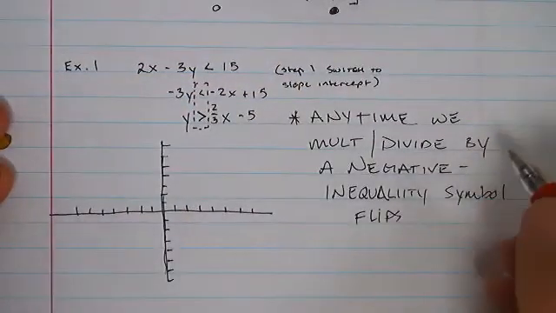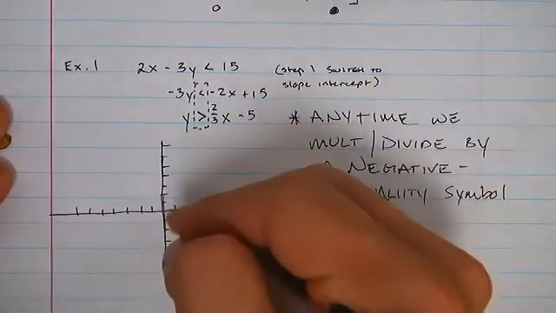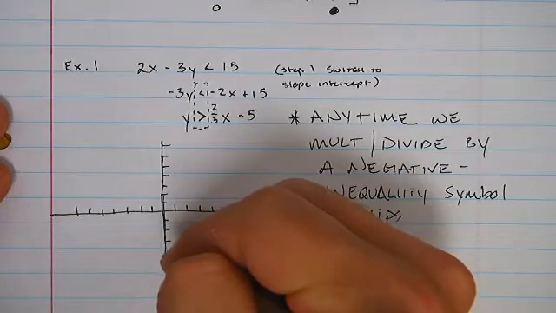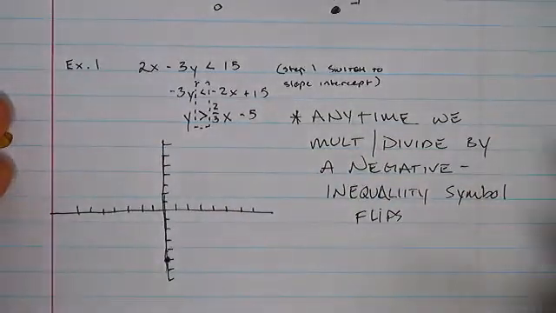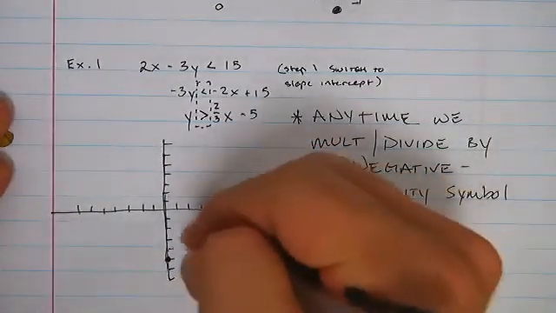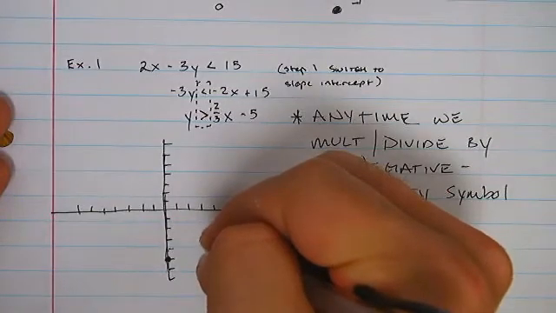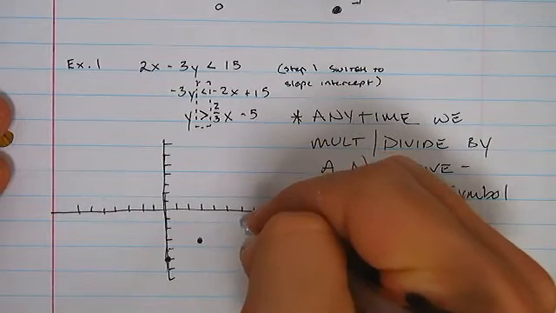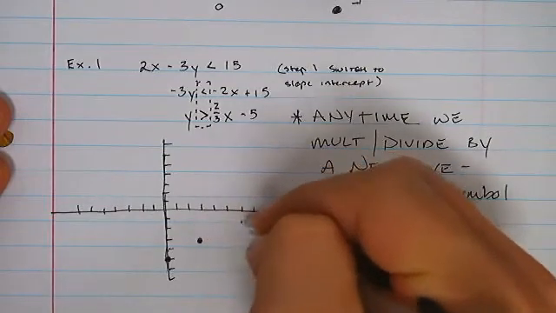All right. Got a -5 as my y-intercept. So 1, 2, 3, 4, 5. Right. There's one right there. I'm going to go up 2/3. It's going to be my next point. I can do it again. So up 2/3. We'll call that 1, 2, 3.